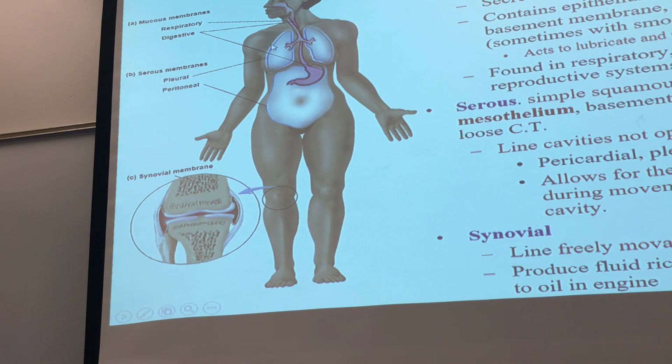So in the thoracic cavity, we have a system of tissue here where we need to move the chest. As the chest moves, your rib cage moves, and your lungs need to inflate. So we have a pleural system that is embedded on the ribs.